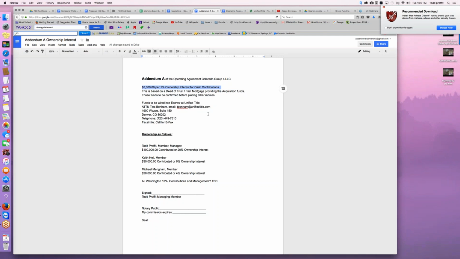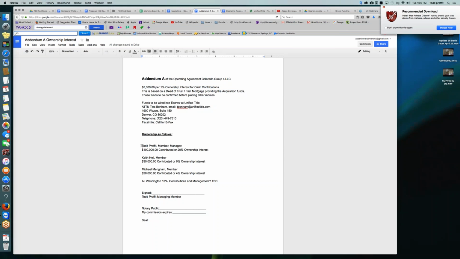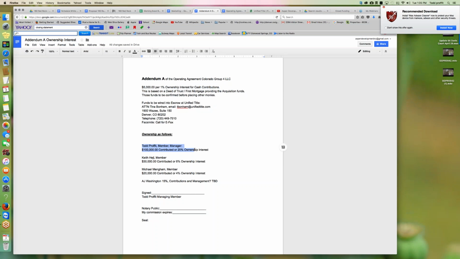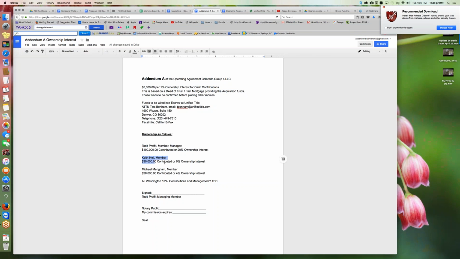The renovation and flip of the property. We'll go through that next, but this is addendum A. So this is how it would look, something like this. Ownership interest, 100,000. So 20% ownership interest would be, for me, for you, if you did 30,000, you'd have 6% ownership interest. I think that all kind of makes sense.